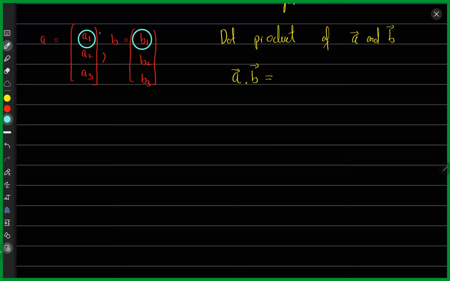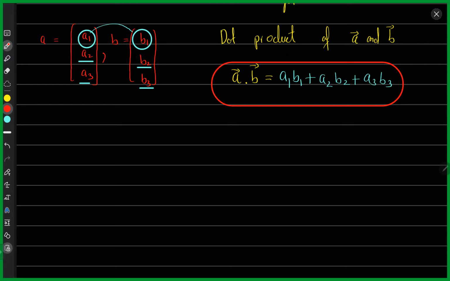So we will multiply the x components, we will multiply the y components, and we will multiply the z components. So this is equal to A1 B1 plus A2 B2 plus A3 B3. So this is another formula for finding out the dot product.